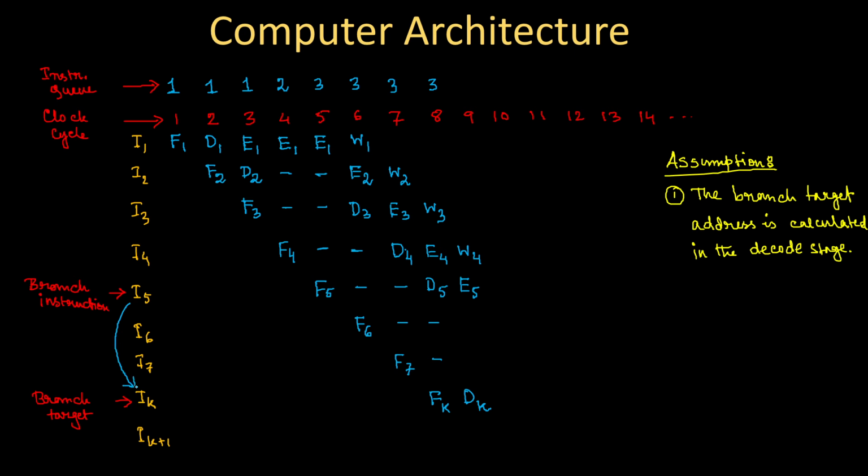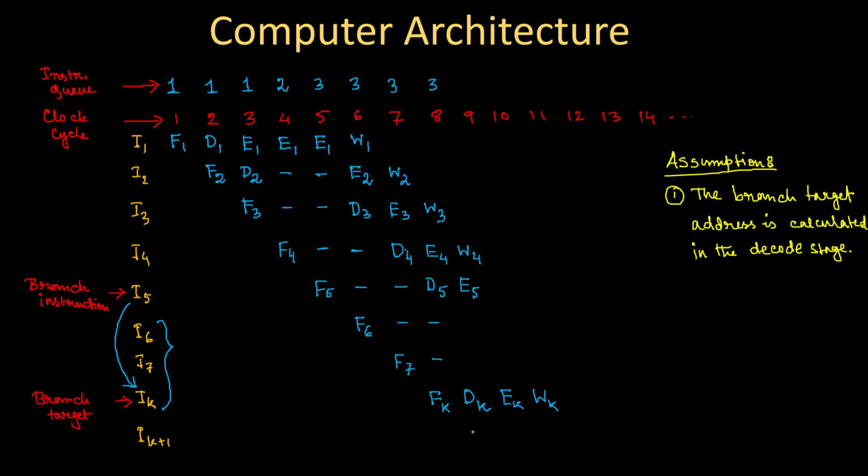Now since all these I5, I6 and IK are in the instruction prefetch queue but have not yet started decoding, what will happen? The decoder unit will discard I6 and I7 from the queue and take IK from the queue for decoding at this moment, and then it will get executed and return the result.